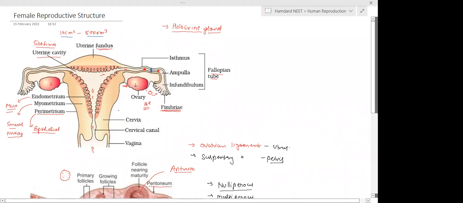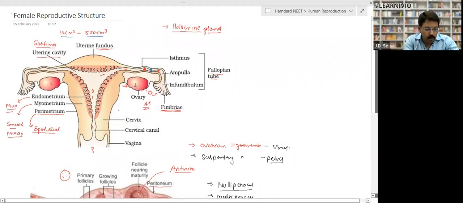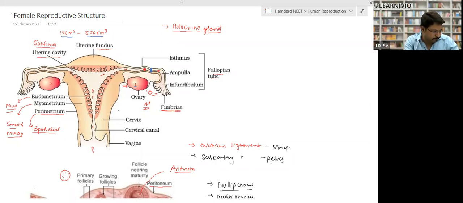So please take the screenshot and start writing down about the female reproductive system, right? Okay, sir. Shall I take the screenshot? Yeah, sure. Take the screenshot and leave a space in your notebook. After the class, please draw it.